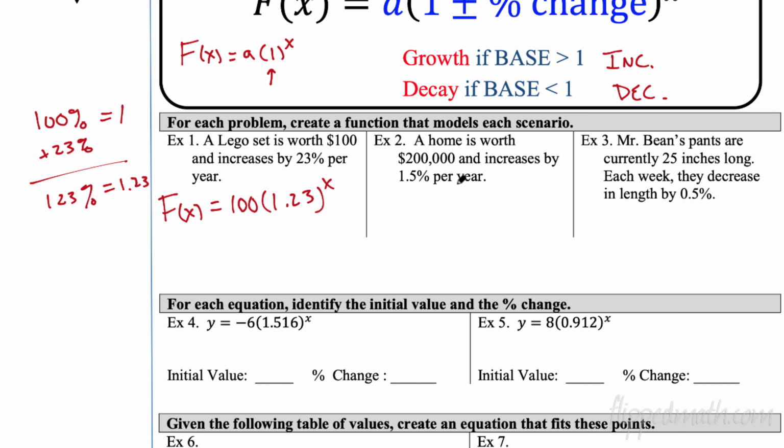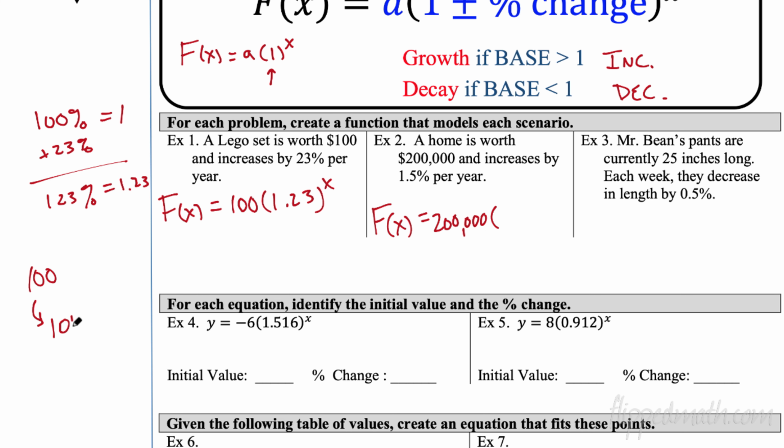Let's try the next one. A home is worth $200,000, increases by 1.5% each year. So the value of the home here, we have a function. We're going to start at 200,000. That is our initial value. And we go from 100%, and we're going to add 1% and 0.5, so 1.5%.